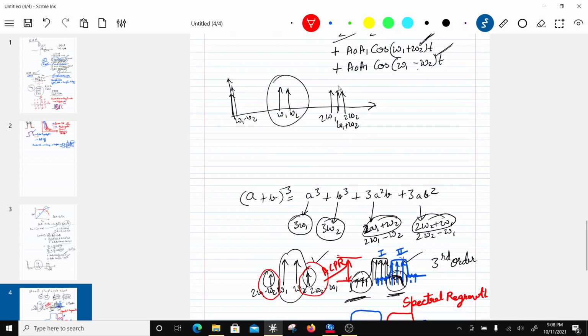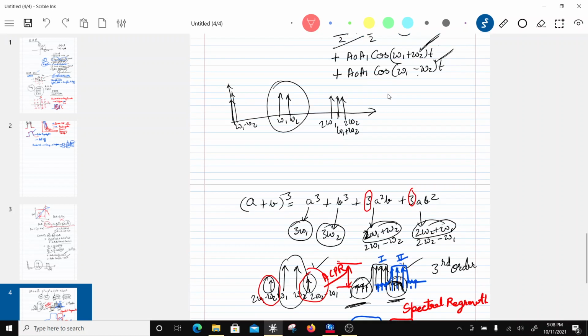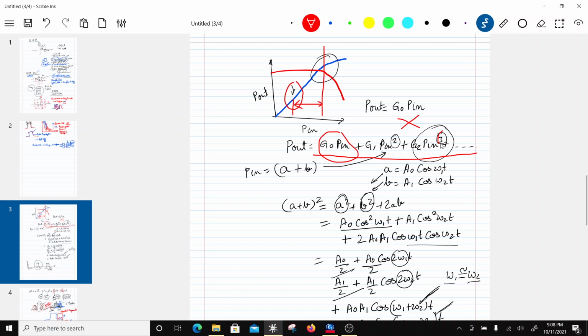And if you look at this factor 3, not this factor, but these are the cube components, right? So basically, look at here. This is a cube component, right?